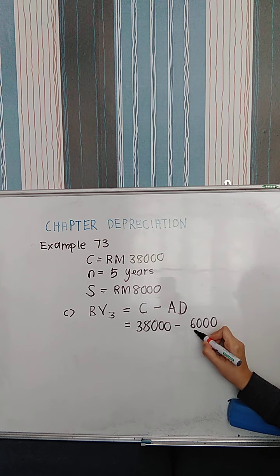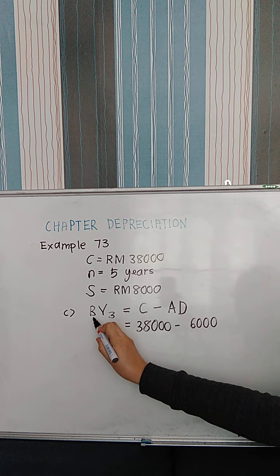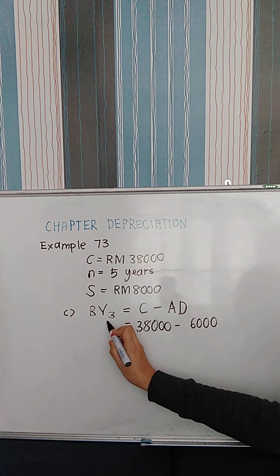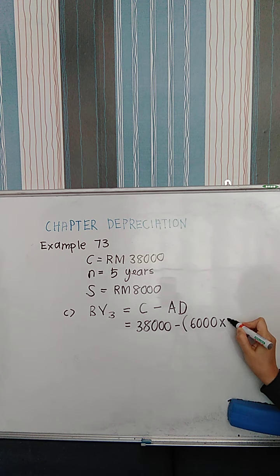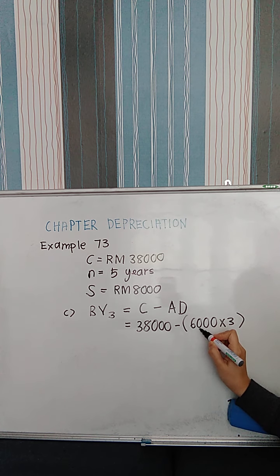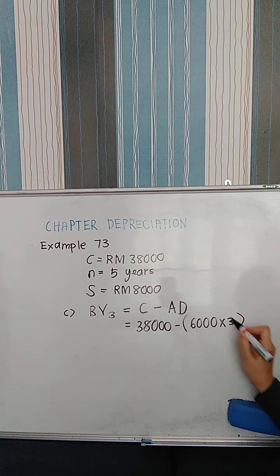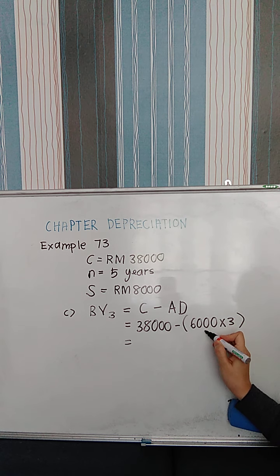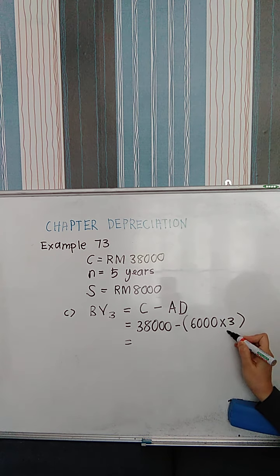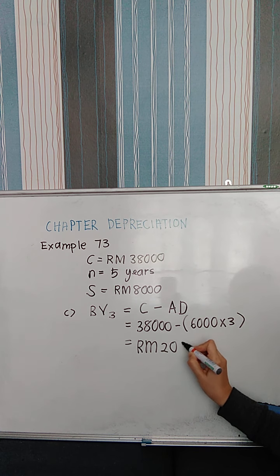This is only for 1 year, but you need to find it for 3 years because this is the book value for 3 years. So you multiply annual depreciation for 3 years, meaning 1 year plus 1 year plus 1 year, 6,000 times 3. So 38,000 minus 6,000 times 3, the final answer is 20,000.